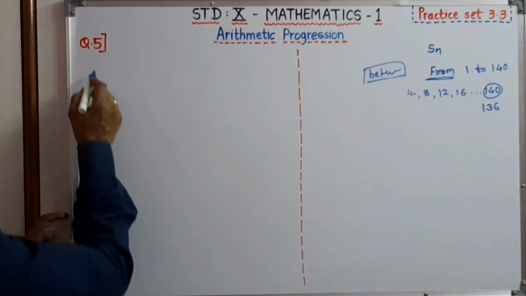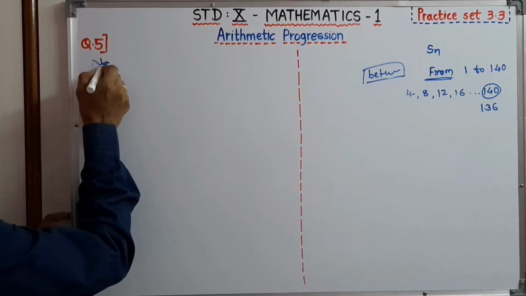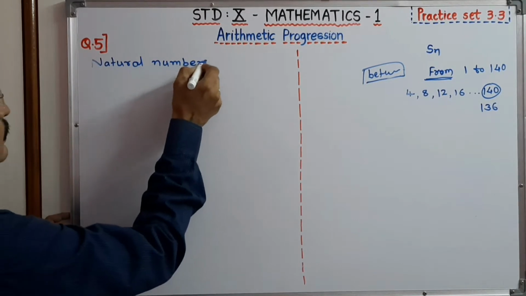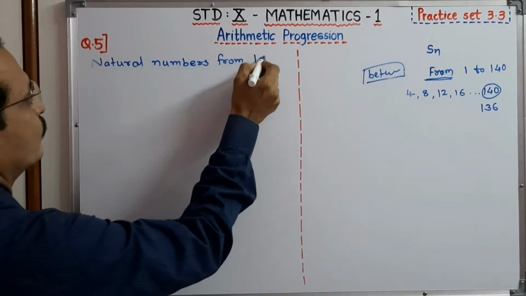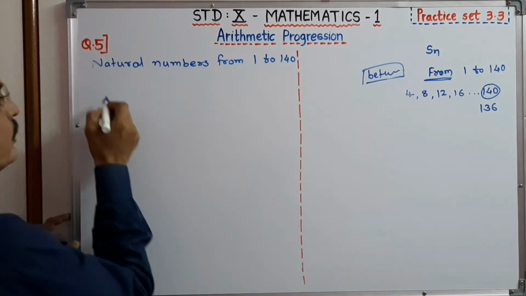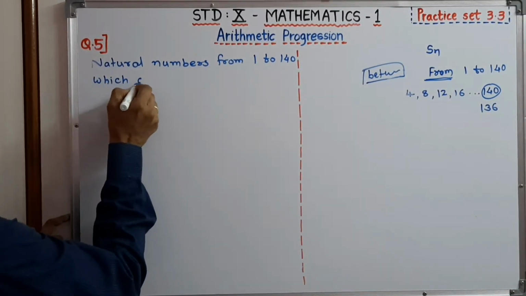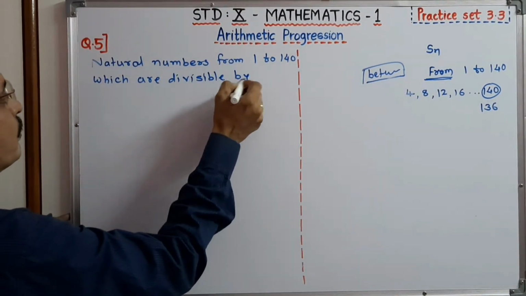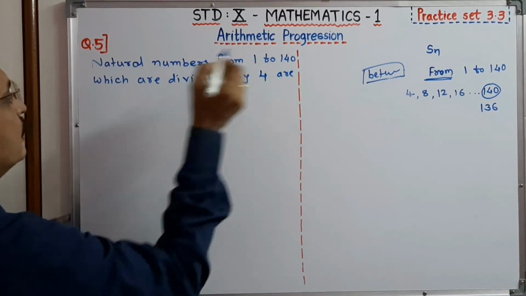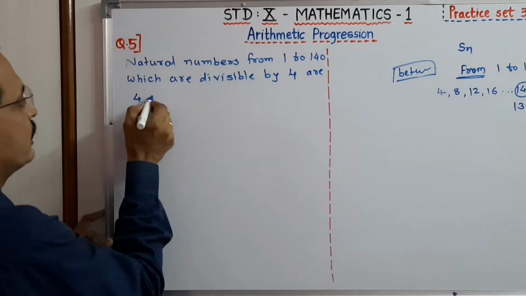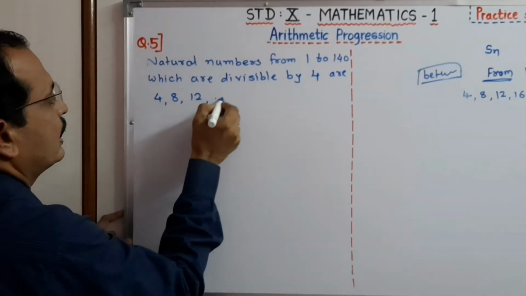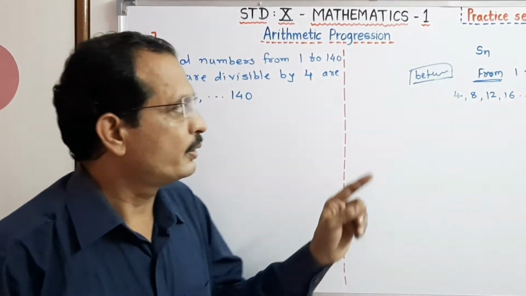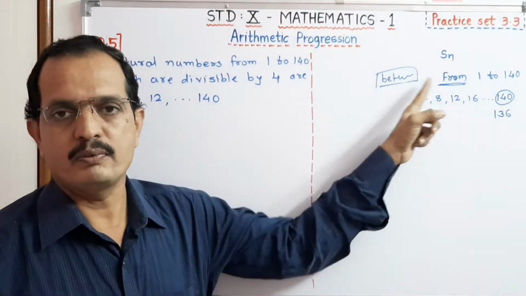Natural numbers from 1 to 140 which are divisible by 4 are: first one will be 4, then 8, then 12, and so on up to 140. I think everyone understood this difference between and from.